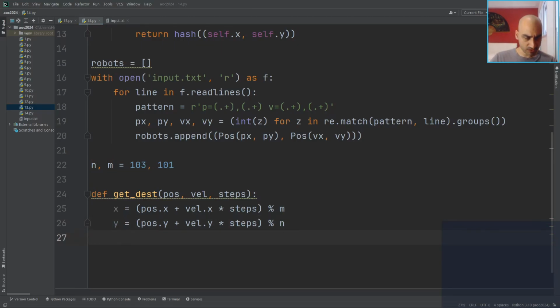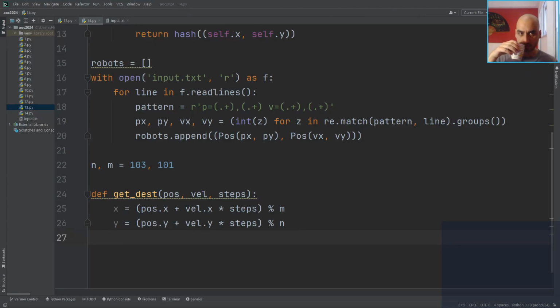What were they asking for us to do? Safety factor. Count the number of robots in each quadrant after 100 seconds. Robots that are exactly in the middle, horizontally or vertically, don't count as being in any quadrant.